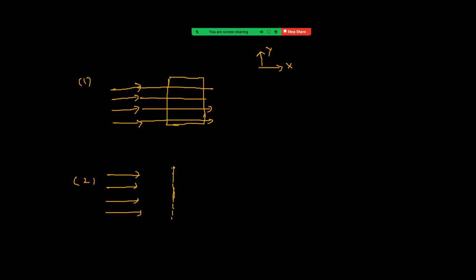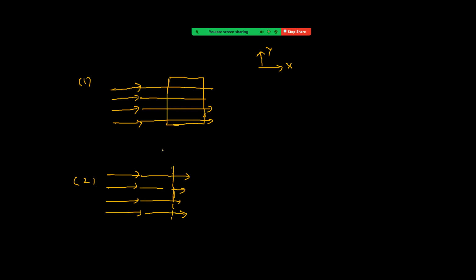It appears just like a line. Then see, all these lines are passing through that surface. See the difference between the first one and second one. In the second one, all field lines are passing through that surface because we have taken the surface in the YZ plane. But in the first case, we have taken it in the XY plane.